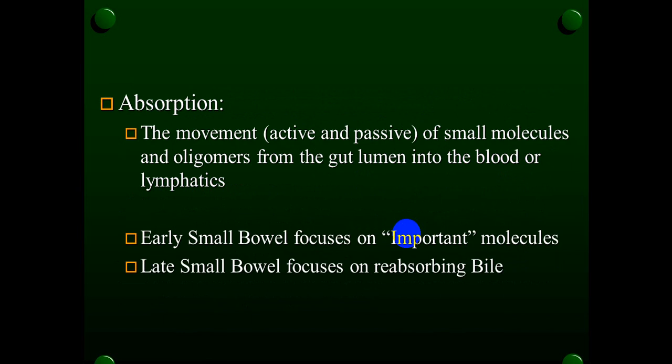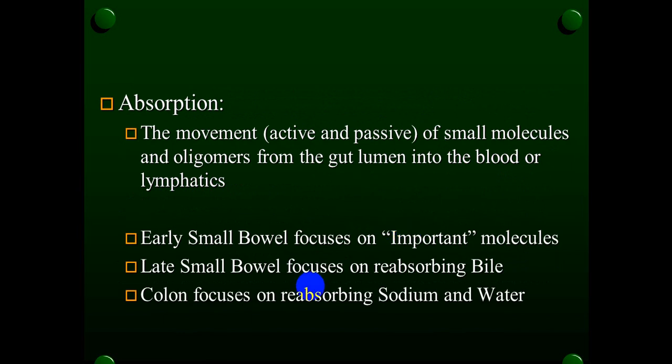The absorption process will occur either actively or by passive absorption. Active absorption needs energy or a carrier. The early small bowel will absorb the important molecules, water, electrolytes, monosaccharide, fatty acid, amino acid, while the late small bowel will absorb the bile.